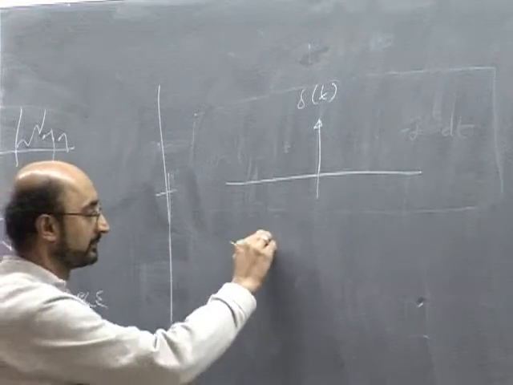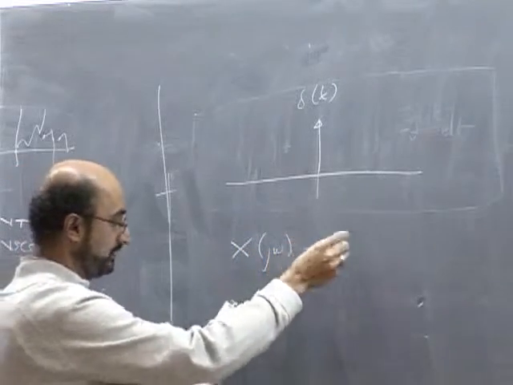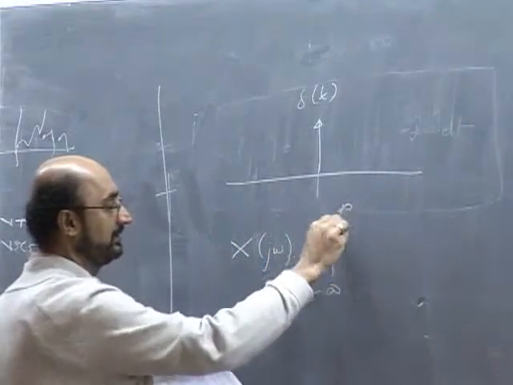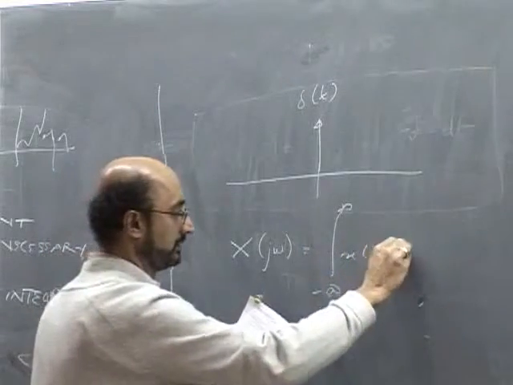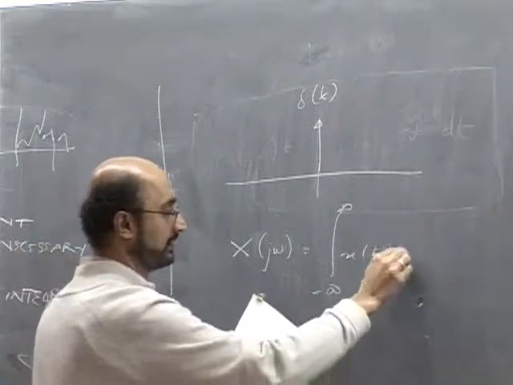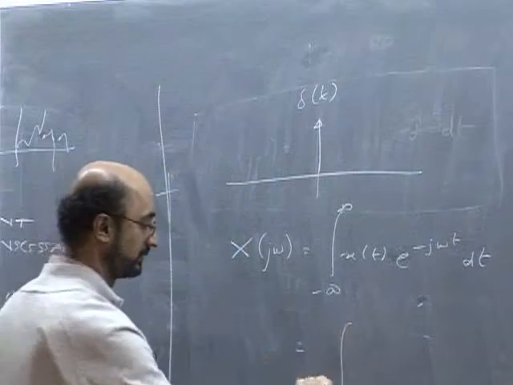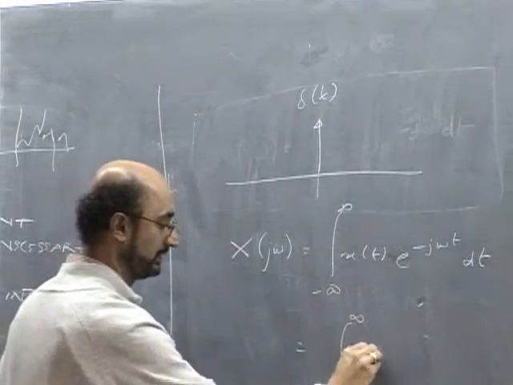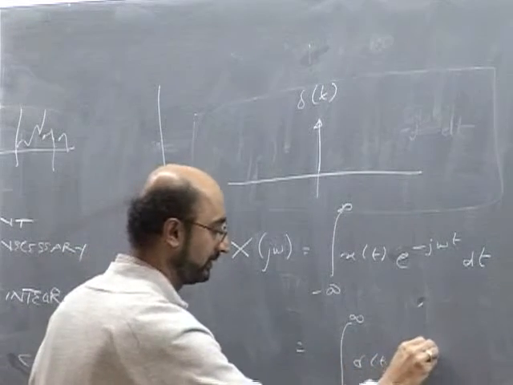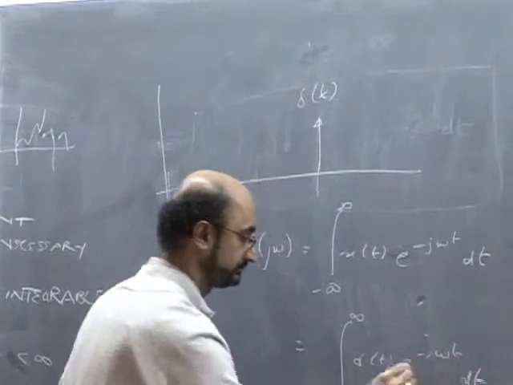Again, we just go to first principles. X(j omega) is given by the integral from minus infinity to infinity of x(t) e^(-j omega t) dt, and this is going to be nothing more than the integral from minus infinity to infinity of delta(t) e^(-j omega t) dt.